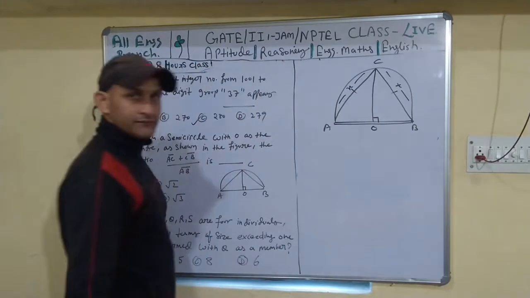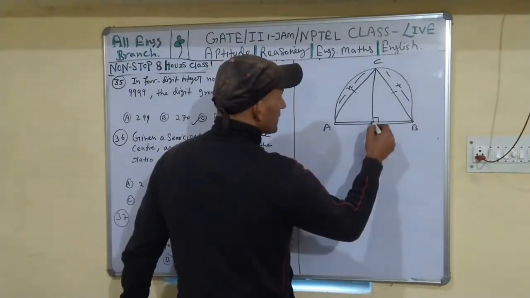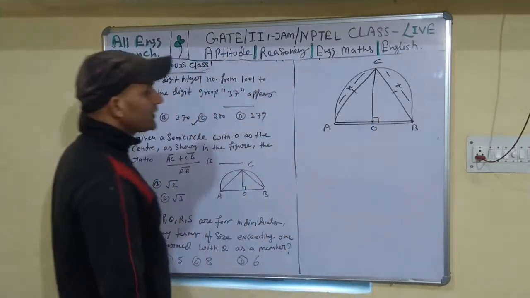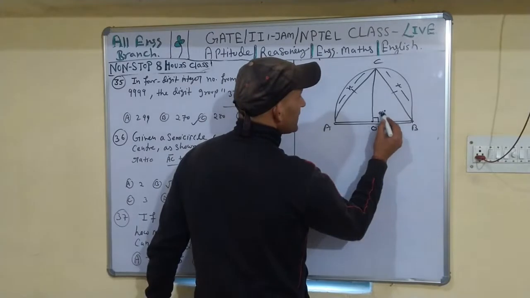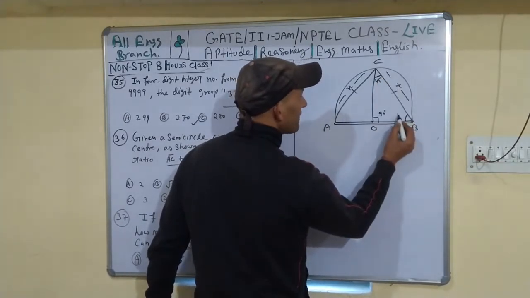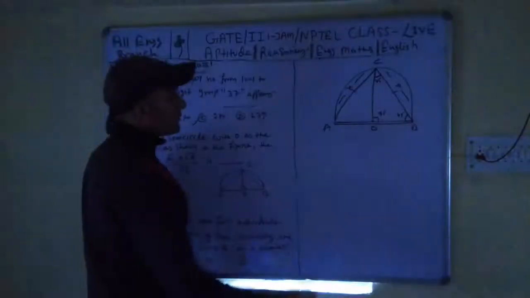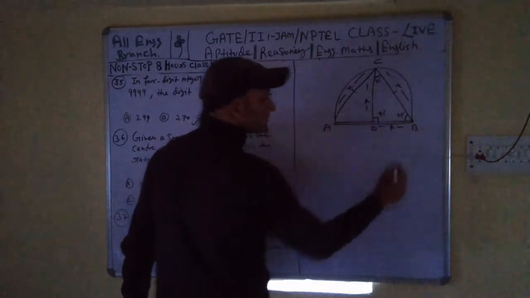Why? This is the perpendicular, that is 90 degrees, so this will be 45 degrees and that is also 45 degrees. Why? Because this is a radius and this is also a radius.